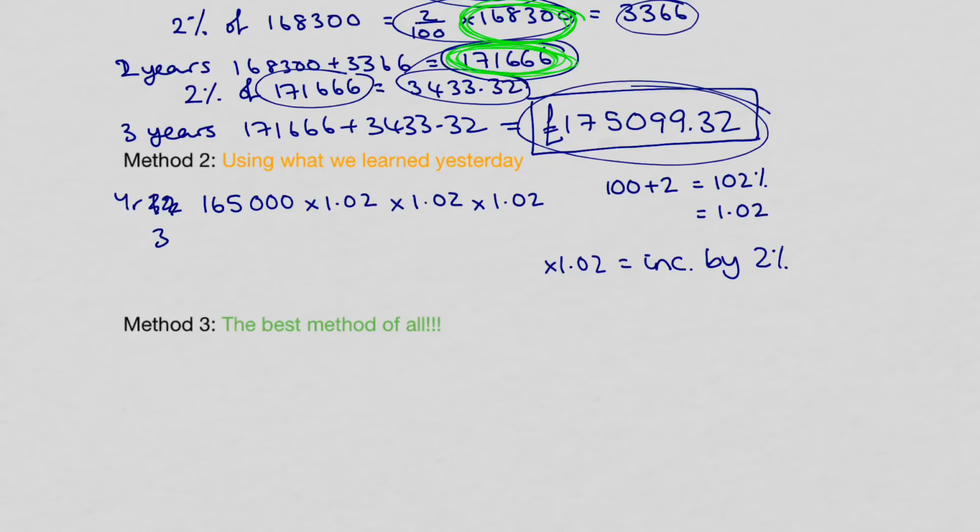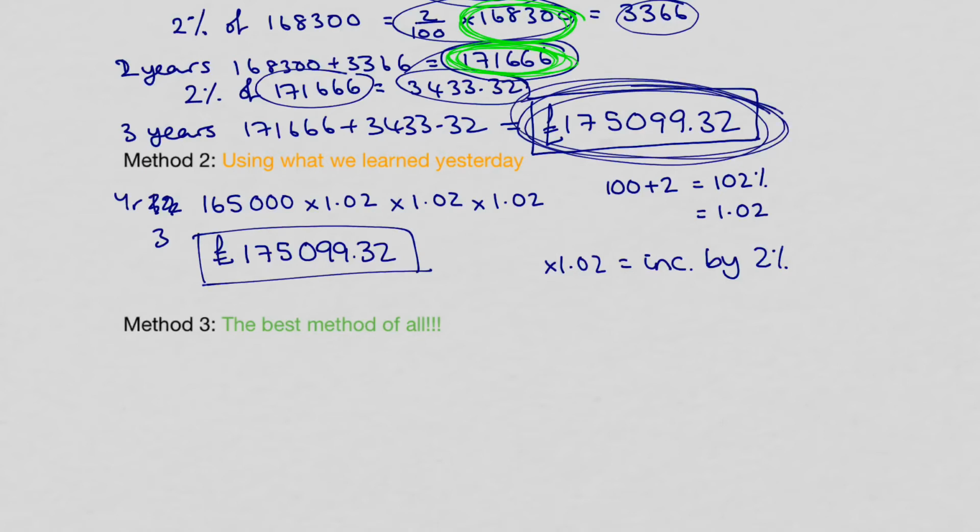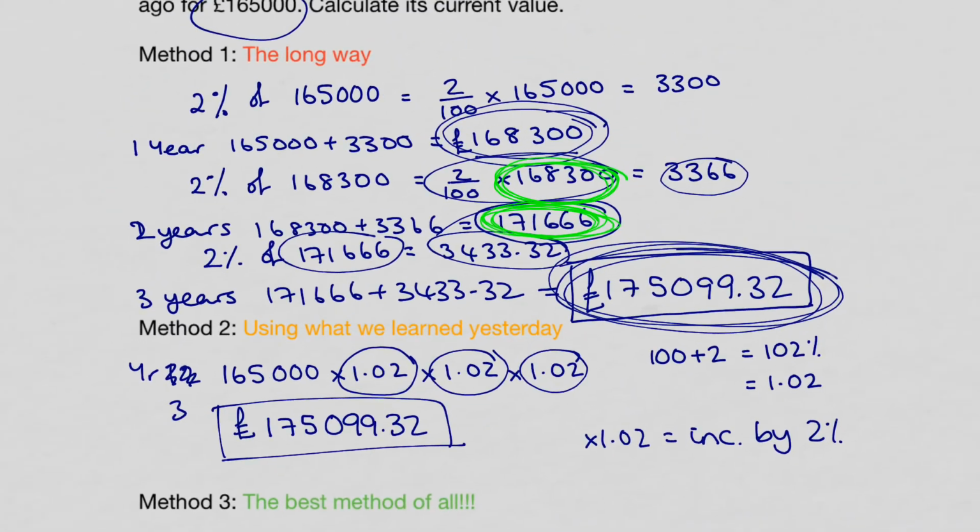And if we multiply by 1.02 again, we end up with the £175,099.32 that it took us quite a lot of calculating to get to earlier. So by using a multiplier, we cut out calculating the percentage and adding it on that we were doing earlier.